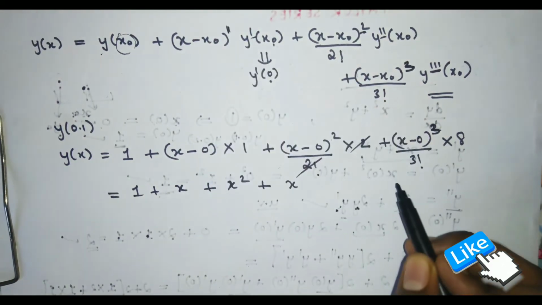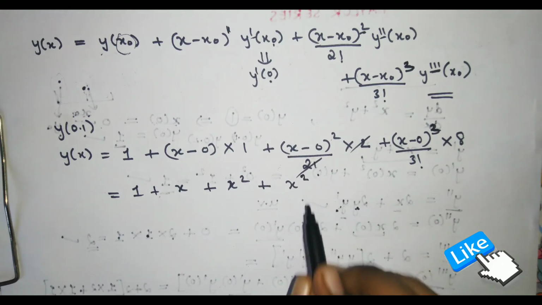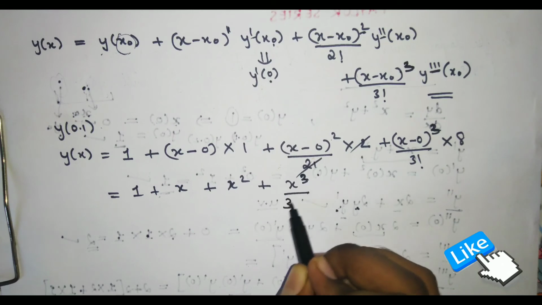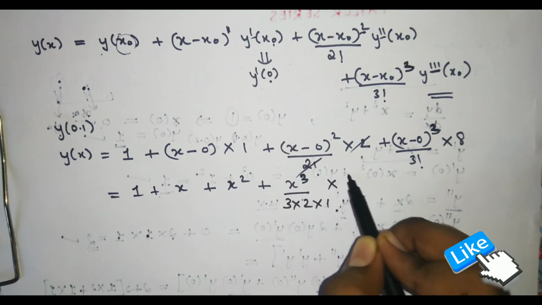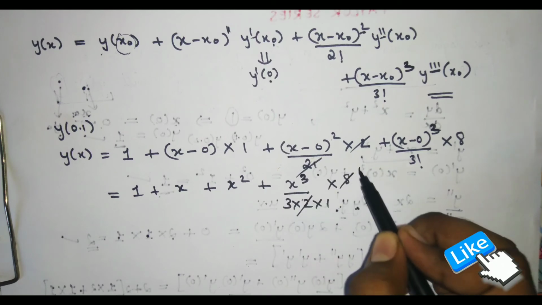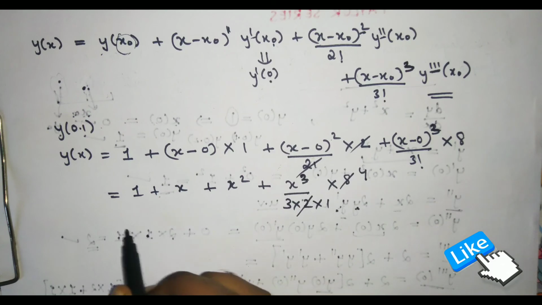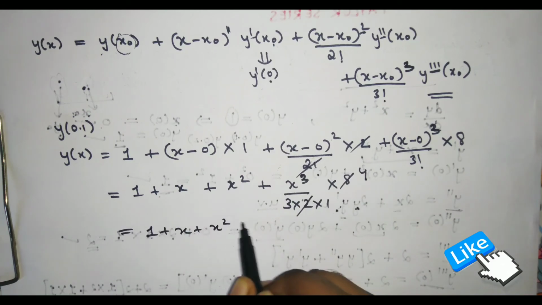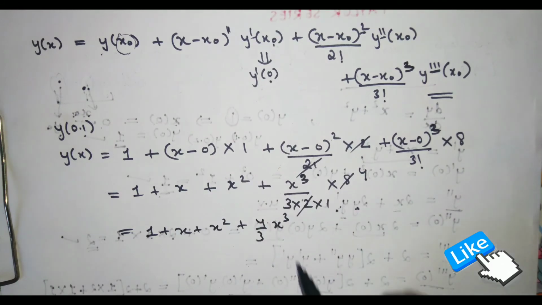That's the logic behind that. So x cube by 3 factorial. 3 factorial is 3 into 2 into 1, so 2 into 1 into 8 gives 4 by 3. So I can write it as 1 plus x plus x square plus 4 by 3 x cube. So this is the final expression.